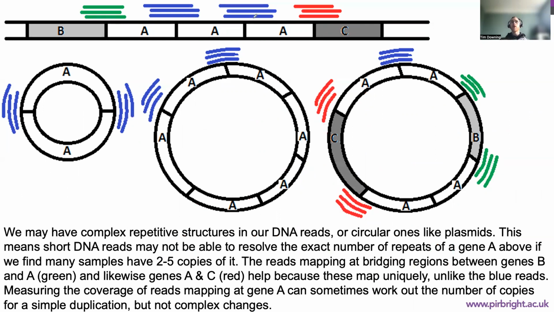So we might have low resolution of these 3 repeats here, but we know that there's at least one copy of A, and then we can count the number of reads that are mapping across this whole region to count how many potential copies of A are present. So we can imagine if you had 2 copies of A, that might affect the read coverage. If you have 1, 2, 3, 4, 5, 6 copies of A, and if you had a circular reference or a circular sample, again, that's going to affect what you get.